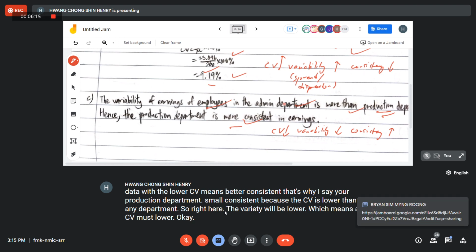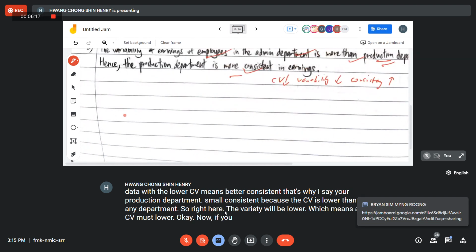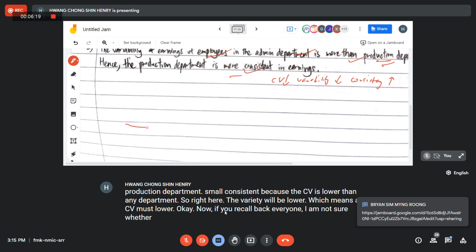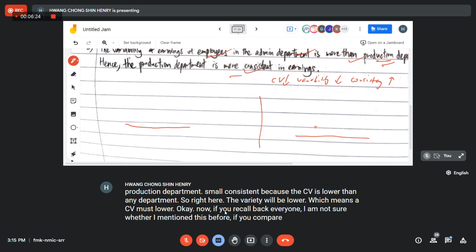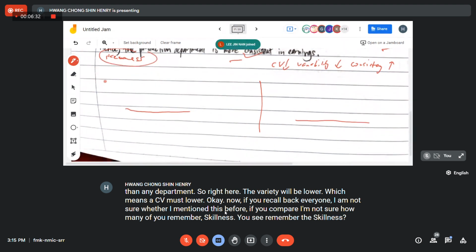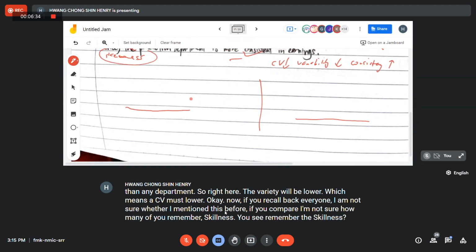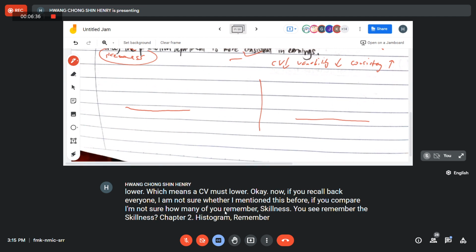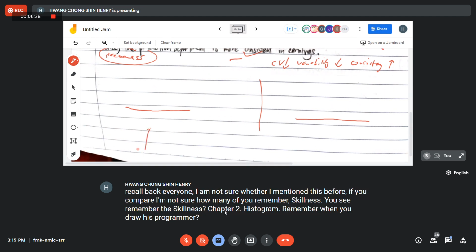Okay. Now, if you recall back everyone, I am not sure whether I mentioned this before. I'm not sure how many of you remember skewness. Do you still remember this skewness? Chapter 2, histogram. Remember when you draw a histogram, let's say this is your histogram, right?